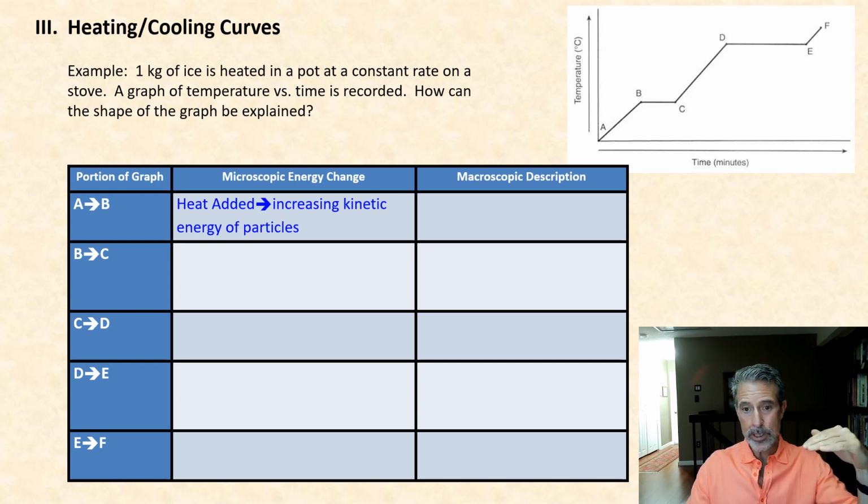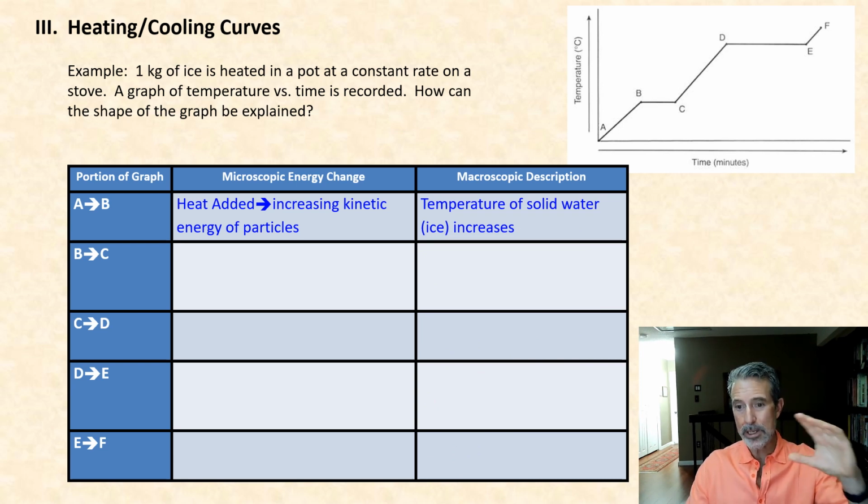The heat is increasing the kinetic energy, and we can describe this macroscopically by saying that's why the temperature is increasing. Since we're starting out with water in the solid phase, what we call ice, we are adding energy to the ice, and the temperature of that ice is increasing.